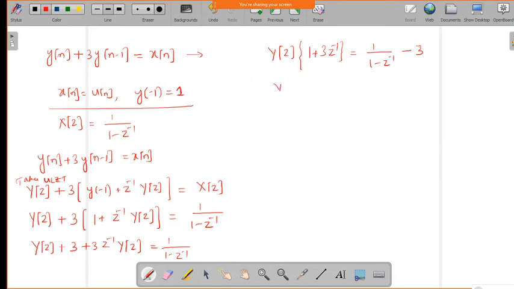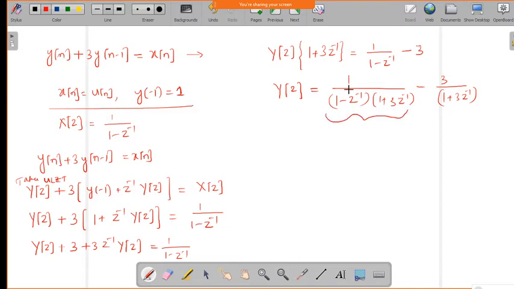So this we can write y of z, so you just send this one this side, so you will get 1 by 1 minus z inverse into 1 plus 3 z inverse minus 3 by 1 plus 3 z inverse. Okay, this also we can write, so that we can easily take the inverse z transform.